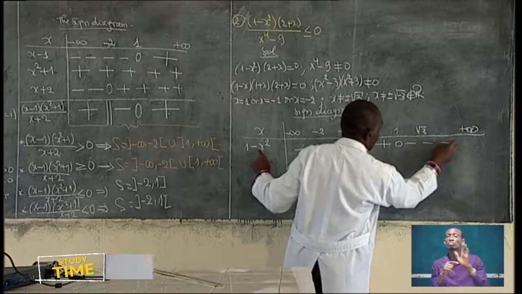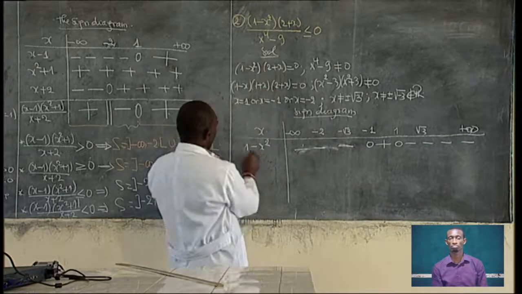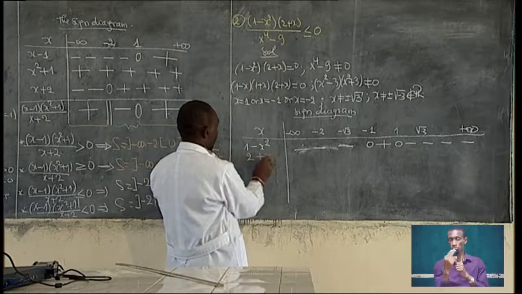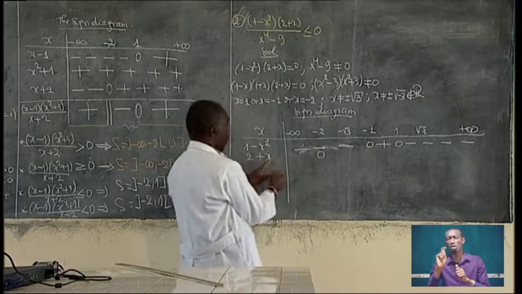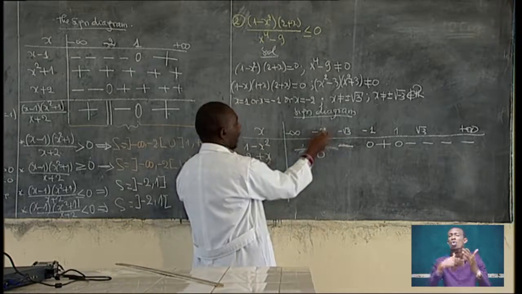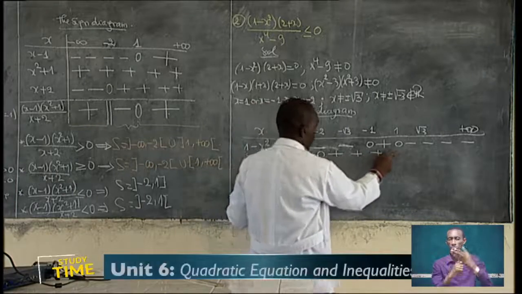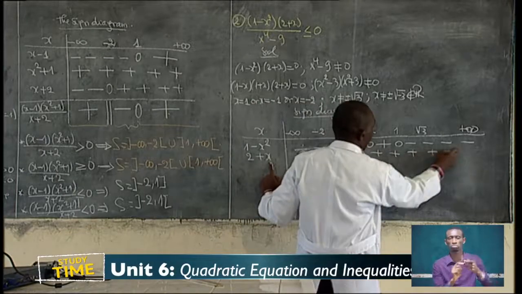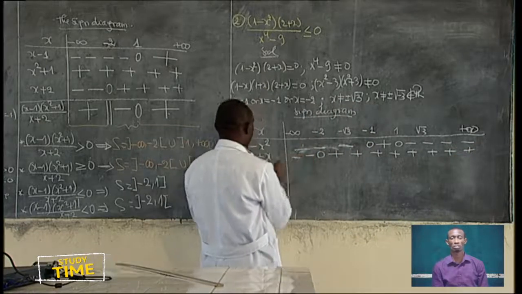We have also 2 plus x. The root is -2. For all values of x greater than -2, it will be positive, and here it will be negative.